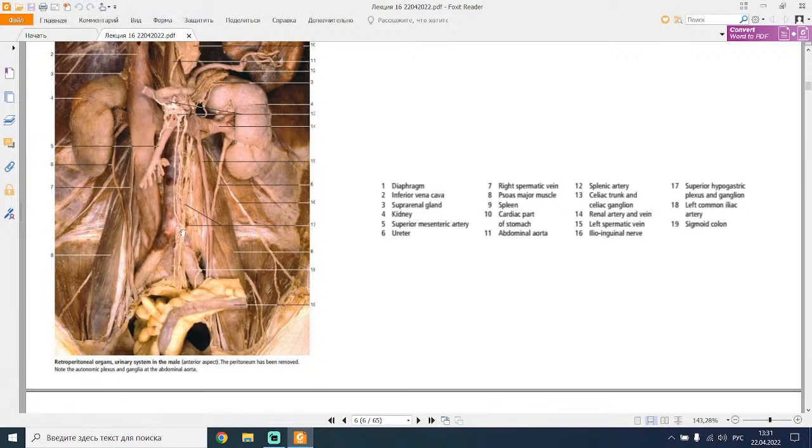This is the vena spermatica dextra. This is vena cava inferior, and you see vena renalis. This is vena spermatica sinistra.